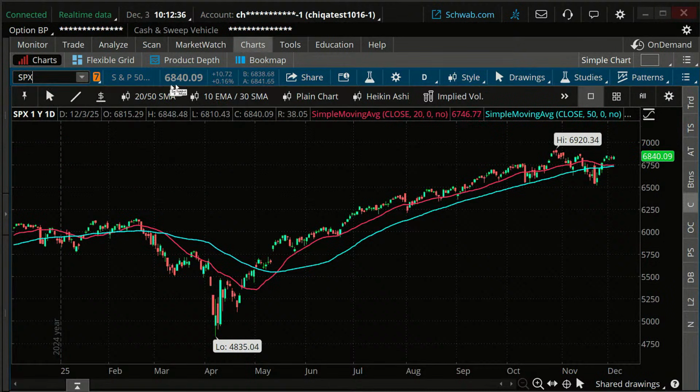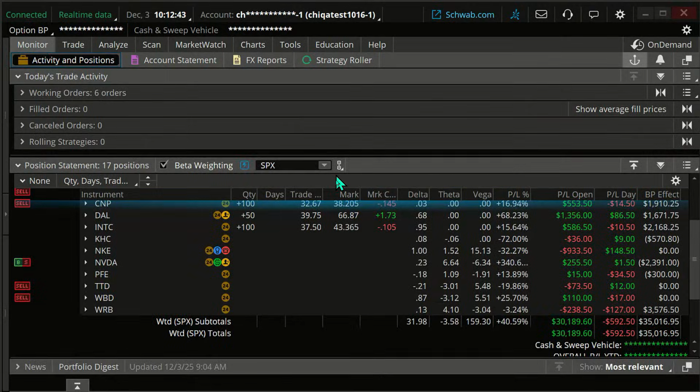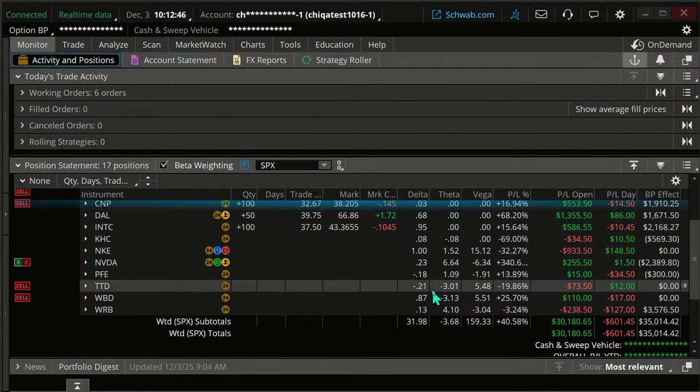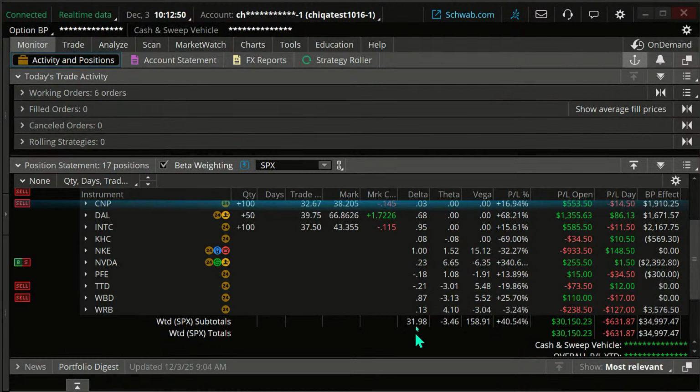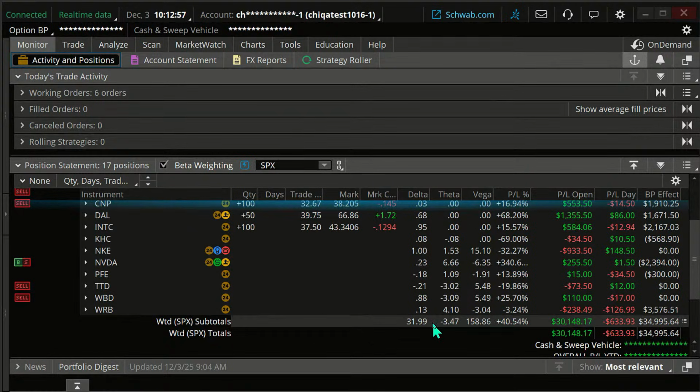A 1% move on this is a $68 move. So for a 1% move, I'd take a 68-point move on the SPX times my delta of 32, which is about a $2,200 move on my overall portfolio.